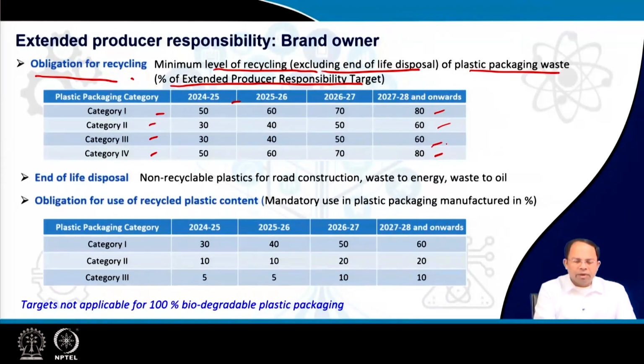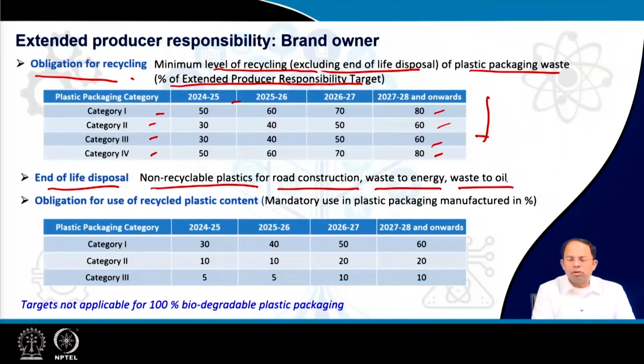Once the recycling is over, the next is the non-recyclable end of life disposal of plastic. The remaining amount which cannot be recycled or reused should go for road construction and waste to energy or waste to oil processes, which we discussed in the last lecture.